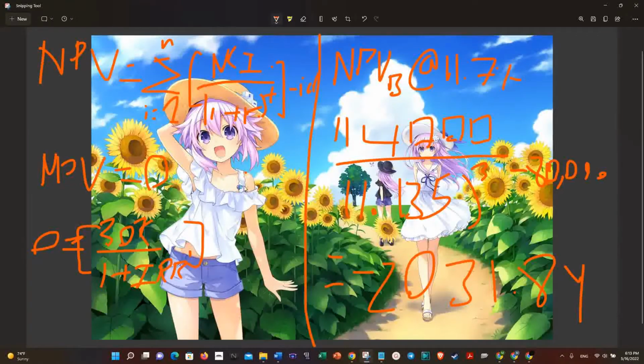And we'll repeat this all the way to number 6. 30,000 divided by 1 plus IRR to the power of 6, because this assumes we're just repeating it. And then we subtract our initial 100,000.